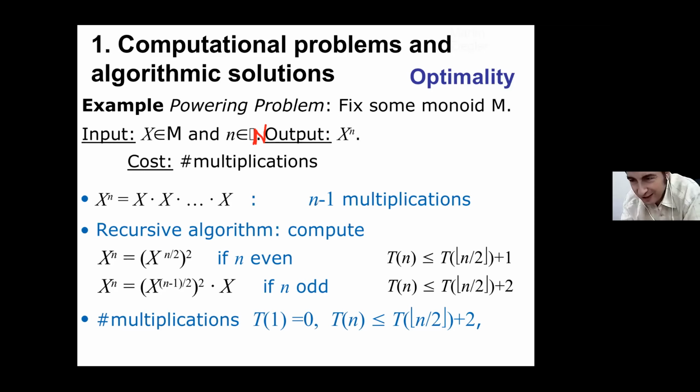But it has complexity O of n. Then we remarked that we can do this by squaring the half of the power, and then we can do this logarithmically. So you have a logarithmic powering algorithm where you take half of the power and then square, so you repeatedly square. Whenever the power is odd, you multiply one more time by x. This gives you a logarithmic algorithm.